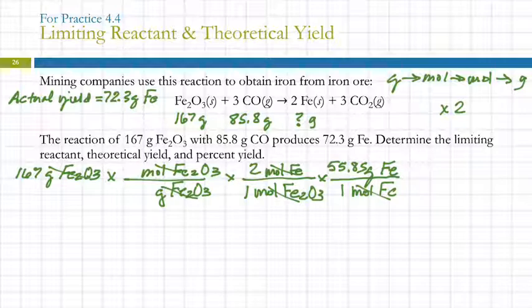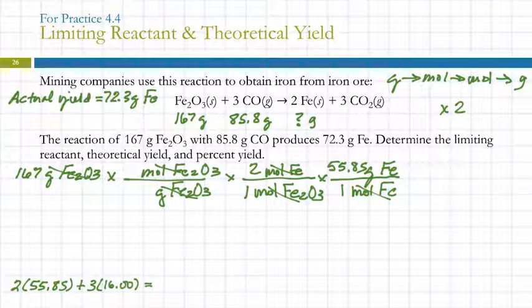And then I have to calculate for the Fe2O3. So there's molar mass calculations on the exam, right? Fe2O3, 2 times the mass of the iron, plus 3 times the mass of the oxygen. 2 times 55.85 plus 3 times 16, 159.7.